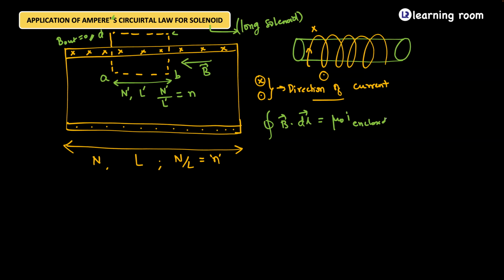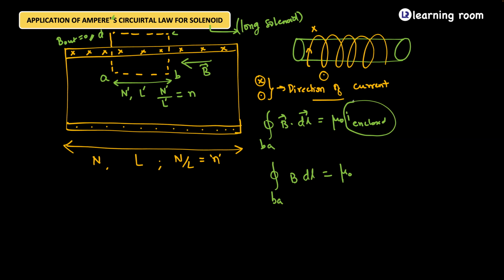To be more specific, I'll write it as BA, because dl vector is generally considered in the direction of the magnetic field itself. The angle between them is 0, so only the magnitudes get multiplied. So the line integral of B dl will be equal to mu naught into the current enclosed.